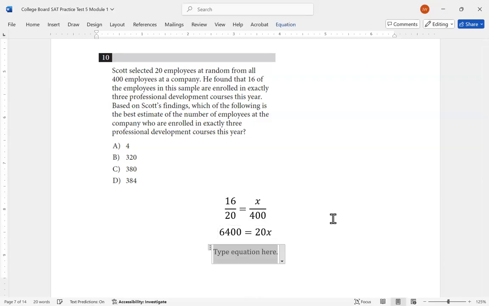And if I do that, I get 320 as the value of x. So the best estimate for how many employees are enrolled in exactly 3 professional development courses this year is 320, which is option B.